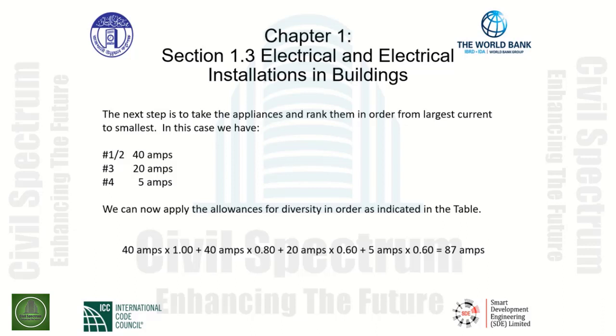We take our first appliance that has the largest current, 40 amps times 1.00, that is 100%, plus 40 amps times 0.80, plus 20 amps times 0.60, plus 5 amps times 0.60 equates to 87 amps, which would be our amps for demand.